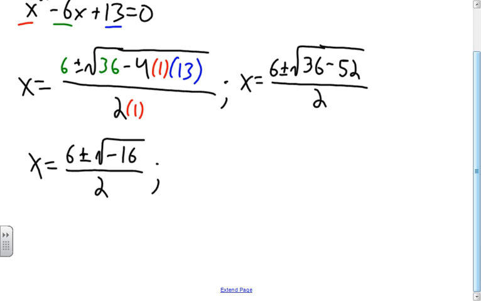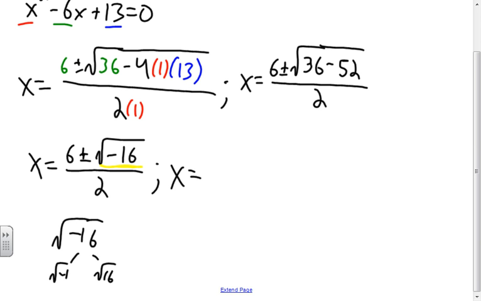Now from here, we notice that our radical part, our square root of negative 16, we need to change into a form of i. So I'm actually going to do that down here. If we have square root of negative 16, we can break that into square root of negative 1 and square root of 16. Square root of negative 1 is just i.